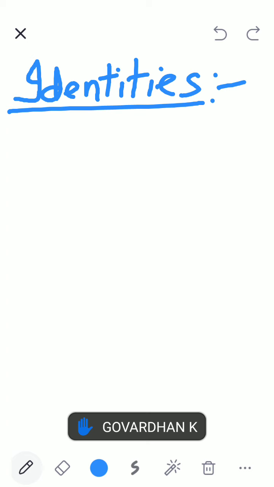So there's something called identity. Yes, Govardhan. Give me an example. Is equal to, mm, correct, but the signs are wrong. Okay, so Govardhan, very good.